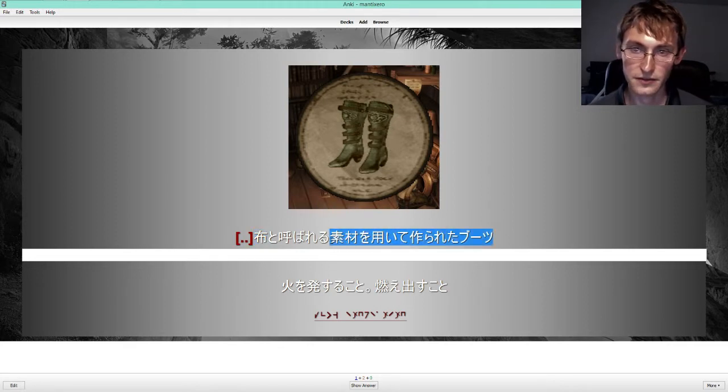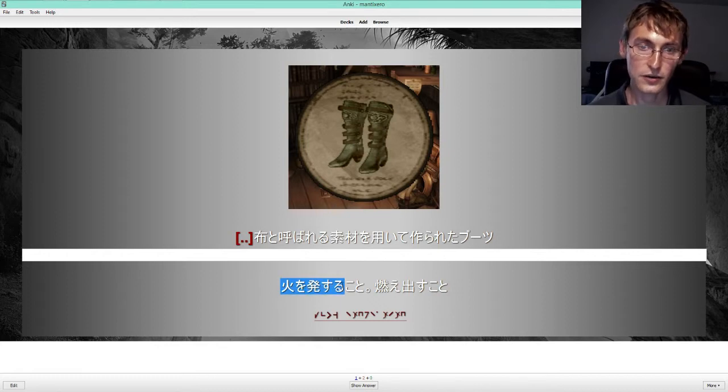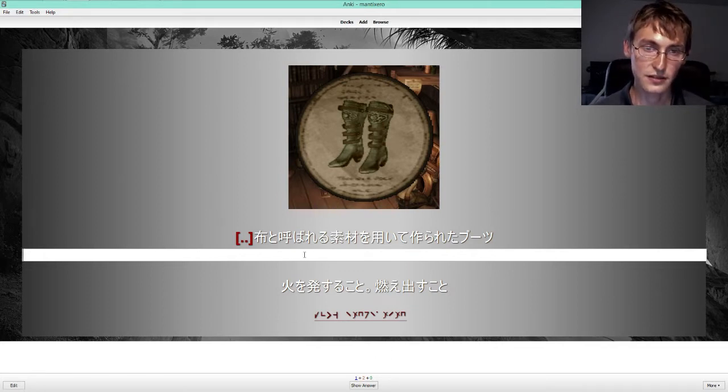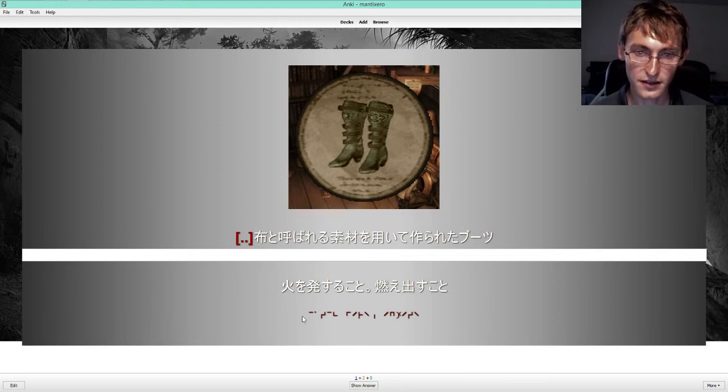Boots that were made of some kind of fabric. 火を発すること, something that brings out fire. 燃え出すこと, something that comes out and burns. So, what might that be? I think it would be something flammable. Maybe. What's the English meaning? Catch fire, ignite. Alright, so not exactly flammable.